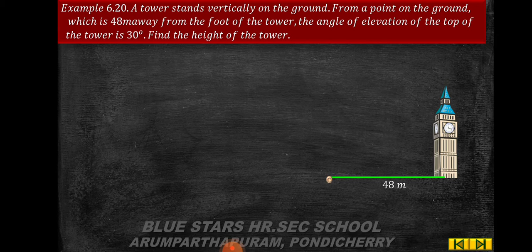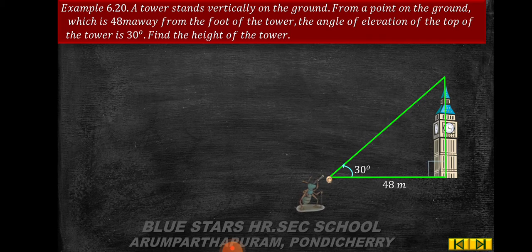So from the foot of the tower to the point is 48 meter. You can imagine this is the horizontal line. So you have to draw the angle of elevation to the top of the tower. This is your theta, that is 30 degree.